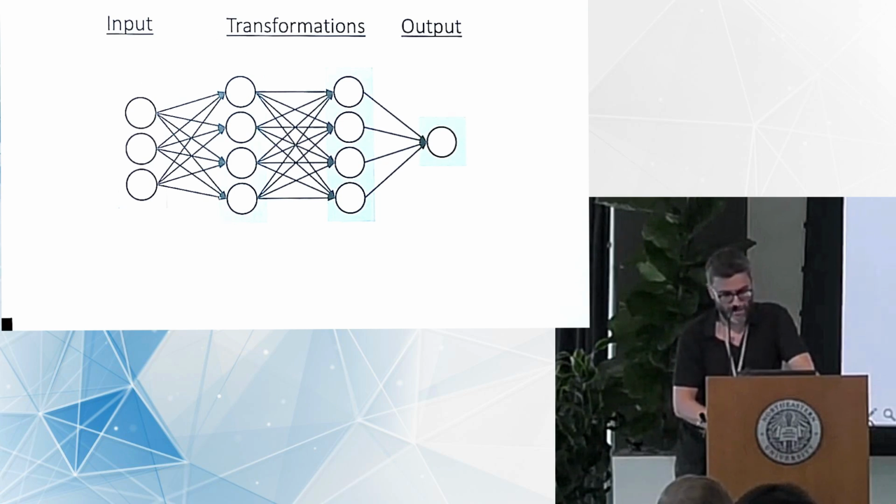Then we're learning another set of weights, now 4 by 4, to go from this layer to this next layer. And then we're learning another set of weights, 4 by 1, to make a single prediction. So here we'd have 3 input numbers in our x, and then we'd have 1 output for our f of x that would be compared to what we're trying to predict.